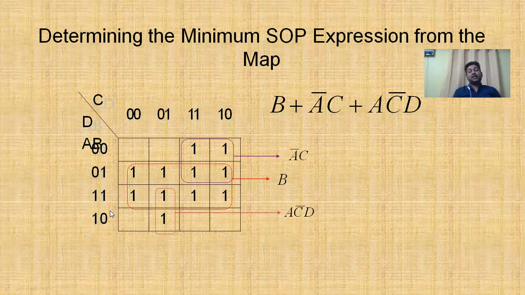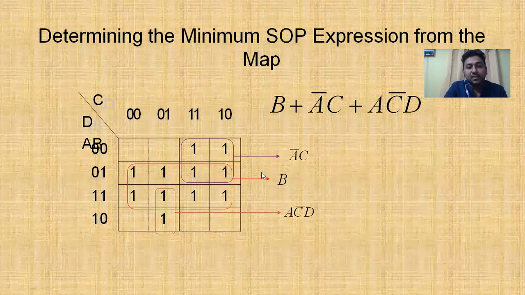That means the rule is that we take only the fixed ones. The varying ones we cannot take, they are deleted. So here we consider only B. So the logical expression from this group is B, right?